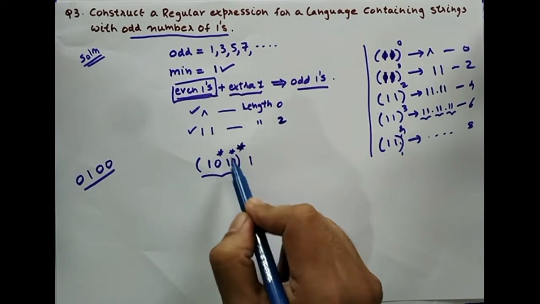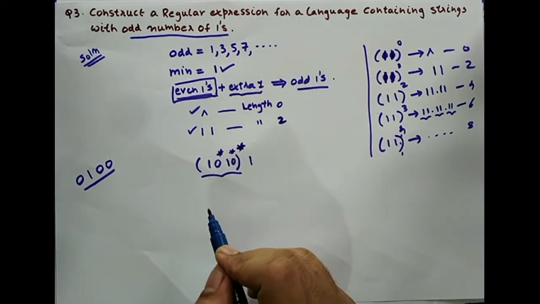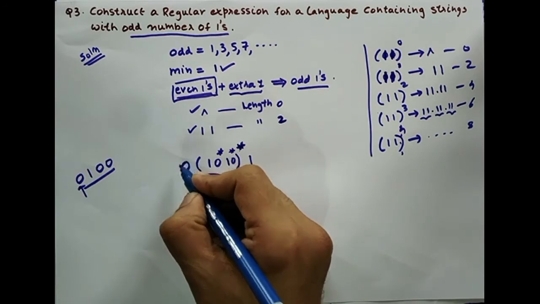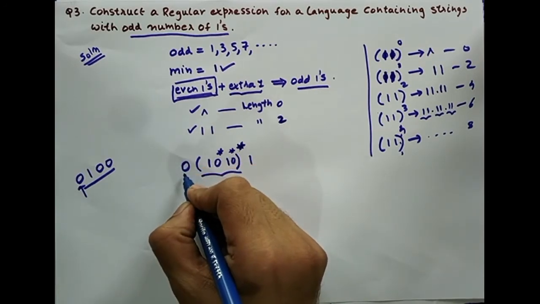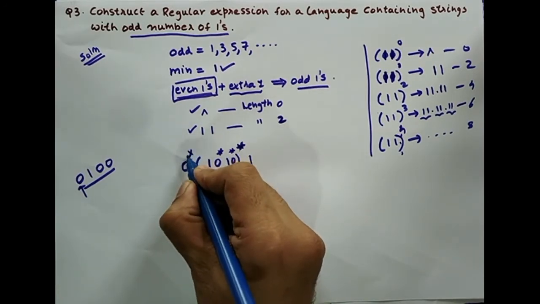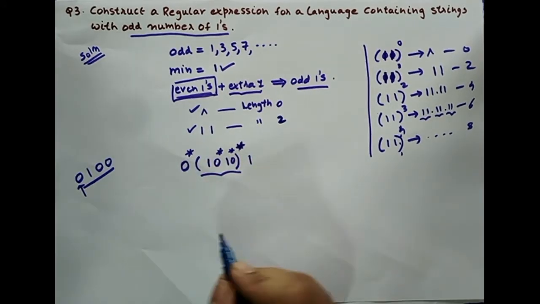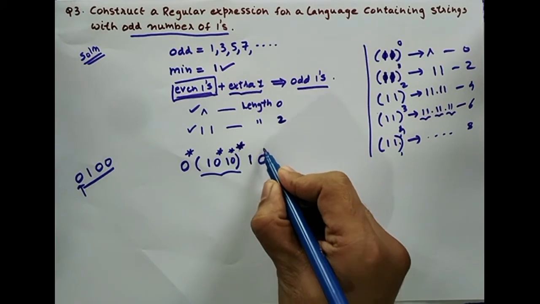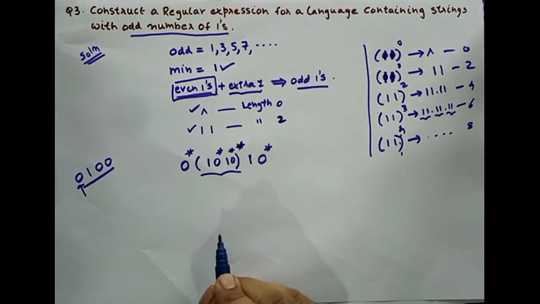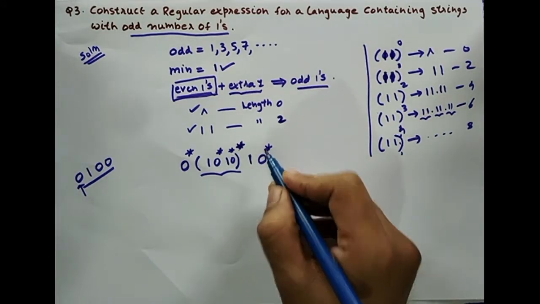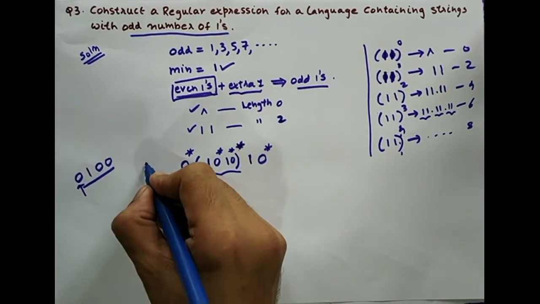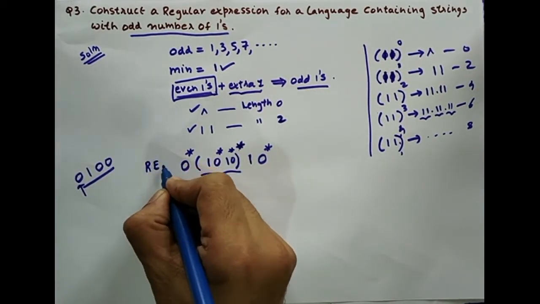That means this sub expression will not at all get repeated. From where you will get this 0? So you require a 0 outside. Now this 0 may or may not be there, so it is repeated 0 or more times. Similarly, after this single one, don't you think there should be another 0, which is also optional, which may exist or which may not exist? So what you get here is the final regular expression.